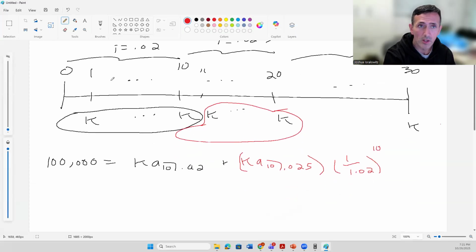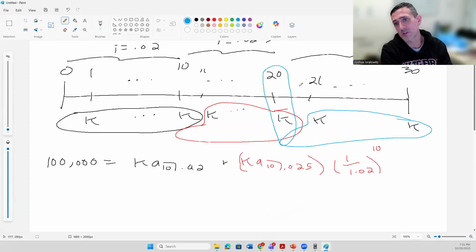And same thing for the last one. Do blue here. So here the first payment period is 20 to 21. The present value formula always gives me the present value at the beginning of the first payment period.